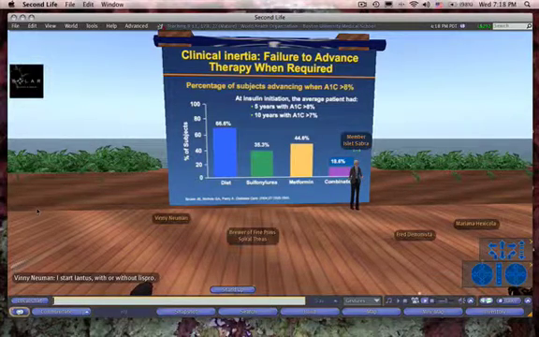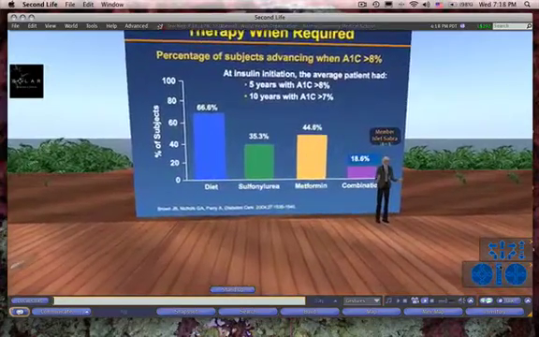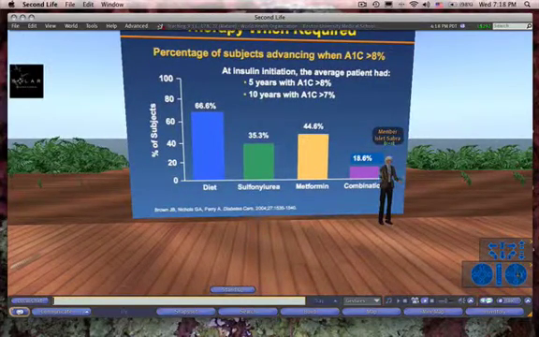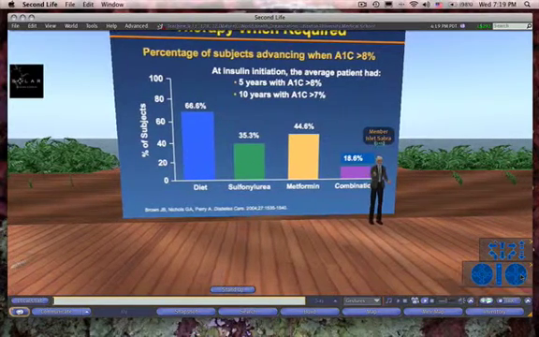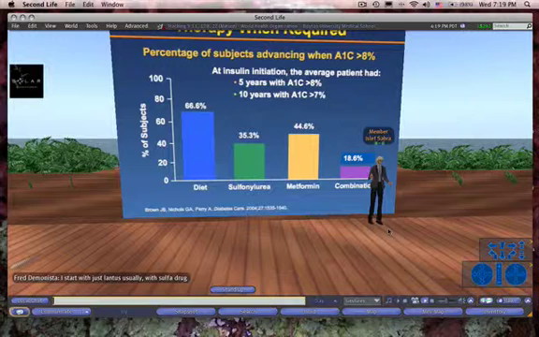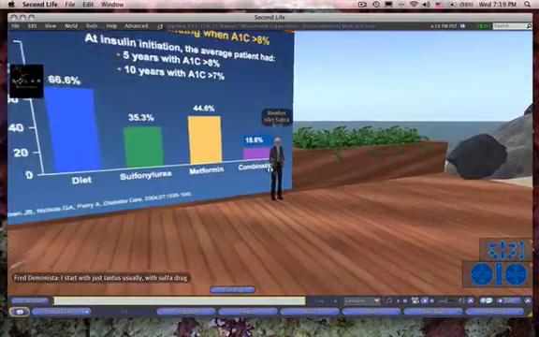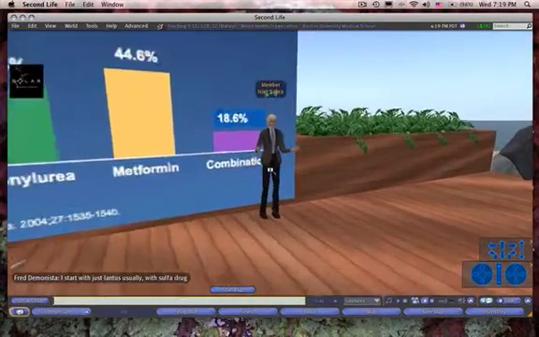Often patients languish for 5 years with a hemoglobin A1C over 8%, and believe it or not, 10 years with a hemoglobin A1C over 7%. And if patients are on diet, we're a little bit more likely, about 66% of those patients who the doctors feel they are failing, will be put on pharmacologic therapy.